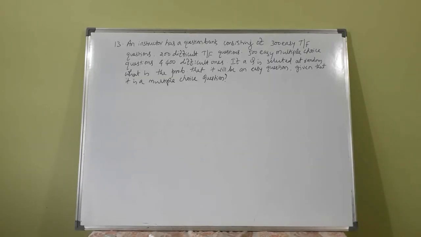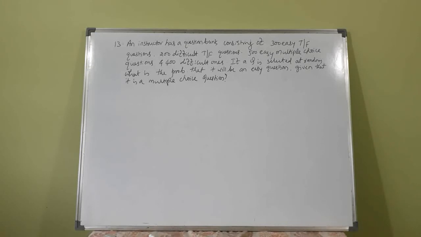An instructor has a question bank consisting of 300 easy true false type questions, 200 difficult true false questions, 500 easy multiple choice questions and 400 difficult multiple choice questions.